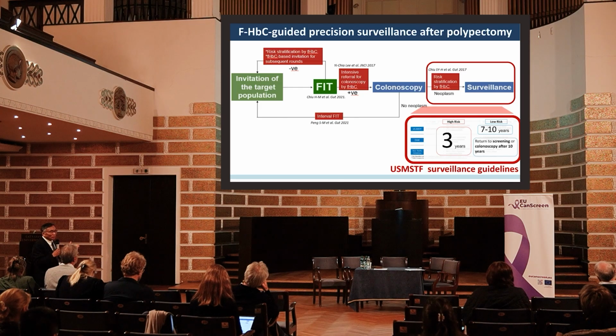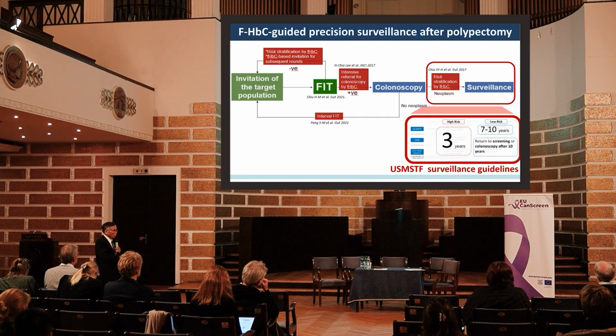And this strategy applies to surveillance intervals as well. After polypectomy, you can do the same thing by following the high and low risk groups within the guideline. The USA and European guidelines are the same.